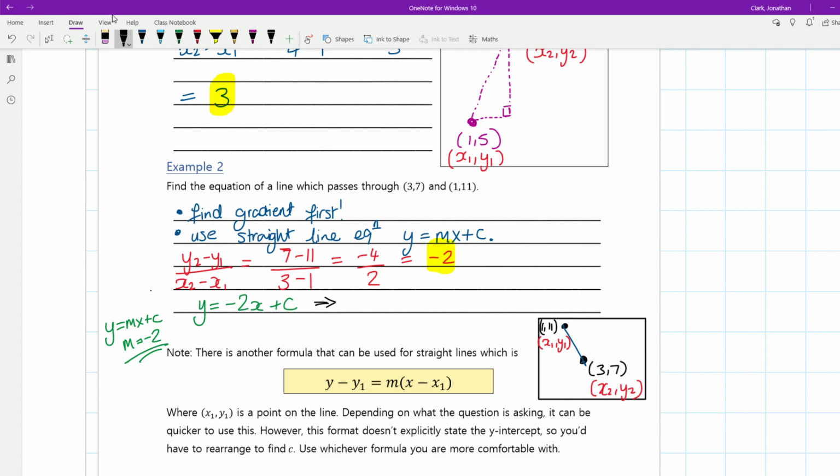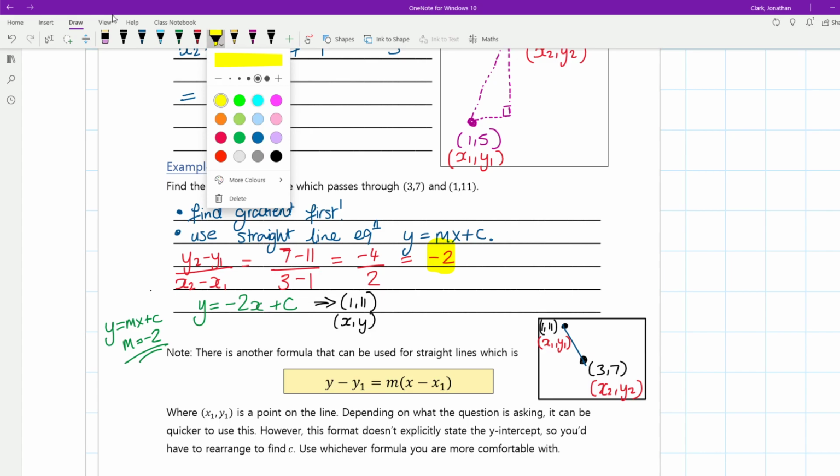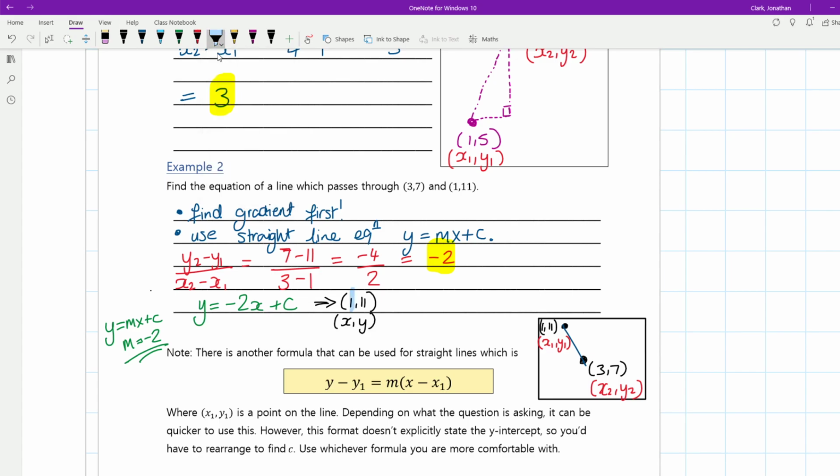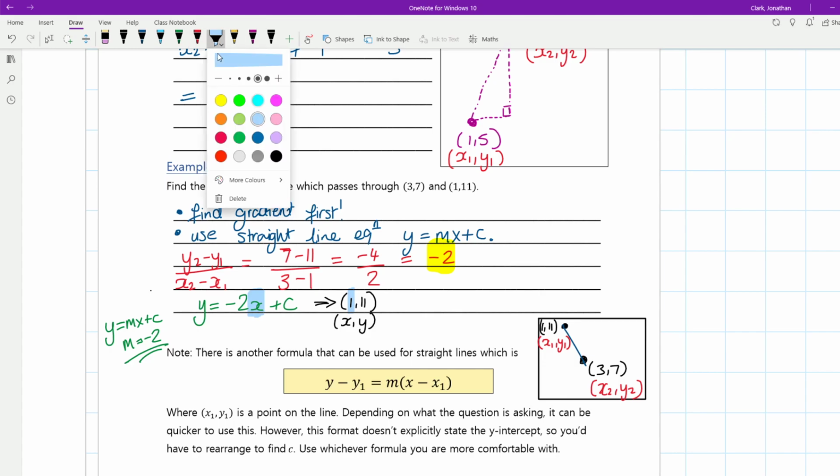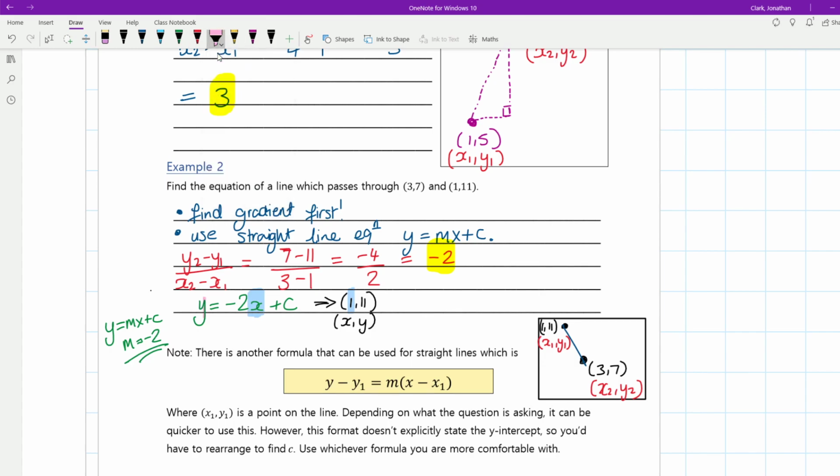From here, we don't know what the intercept is, but we do know that the point 1, 11 is on the line. 1 is the x value, 11 is the y value. So I'm going to substitute in 1 for x and 11 for y, and see what I get.